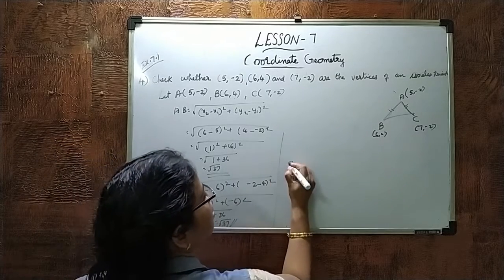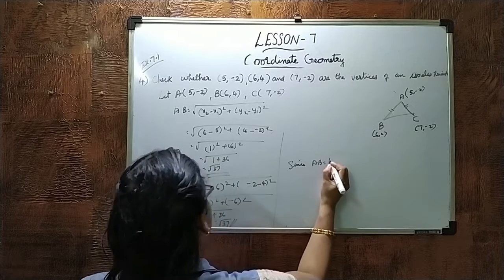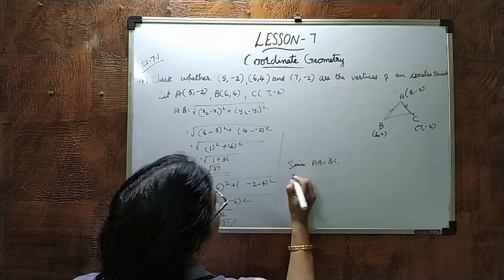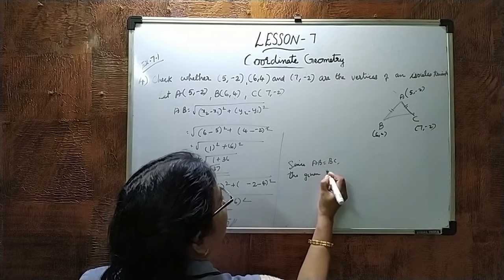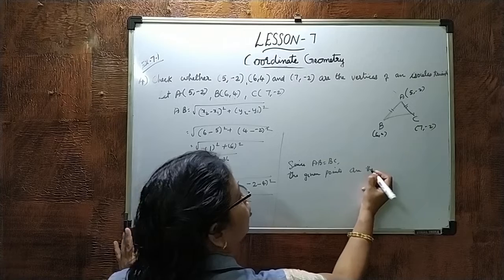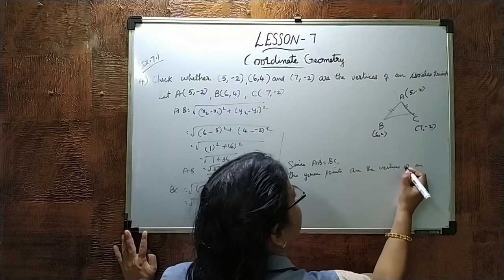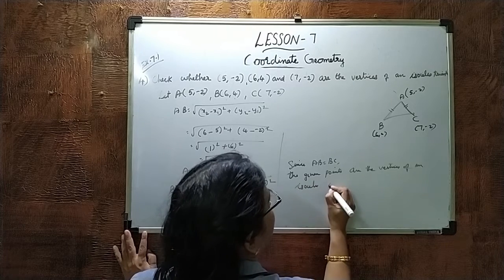So since AB equals BC, what we can say? The given points are the vertices of an isosceles triangle.